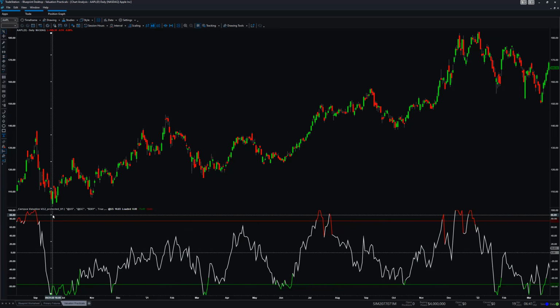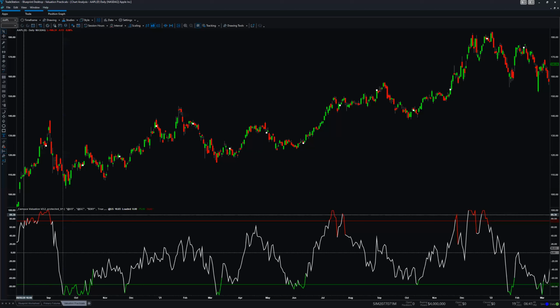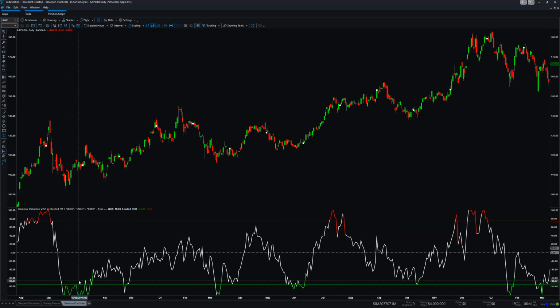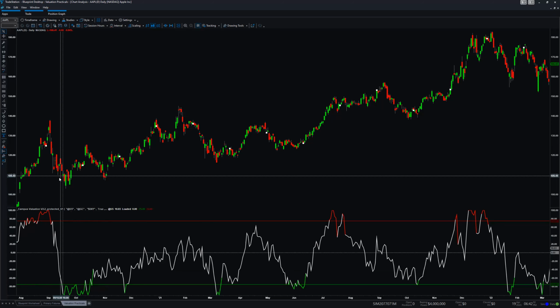So we just have to start at some point. If we start from left to right, here's the first time that we're undervalued. Okay, so we're in an uptrend, we're undervalued, and even though price is rallying, we remain undervalued for a very, very long time, which just means that we want to buy, right?